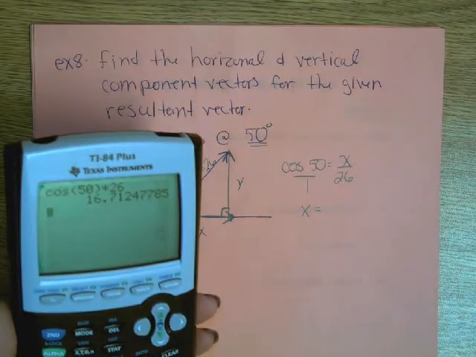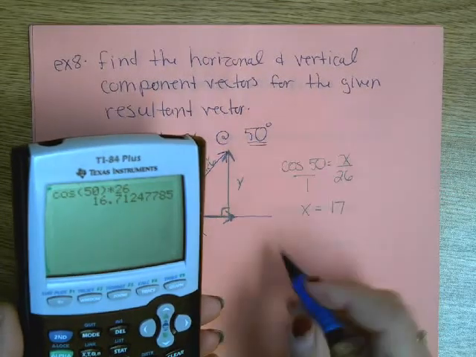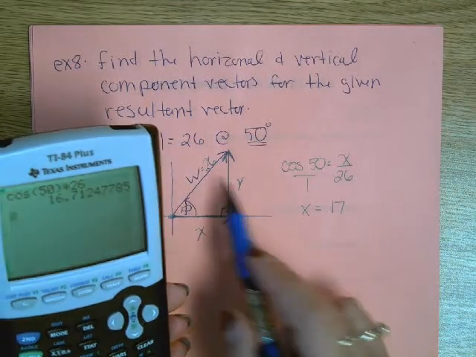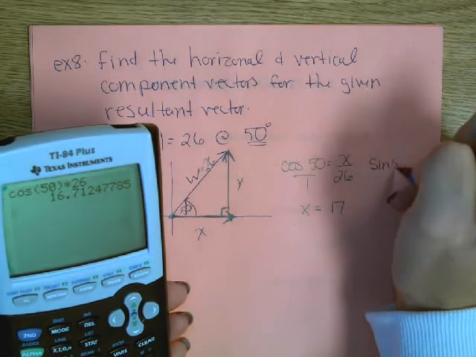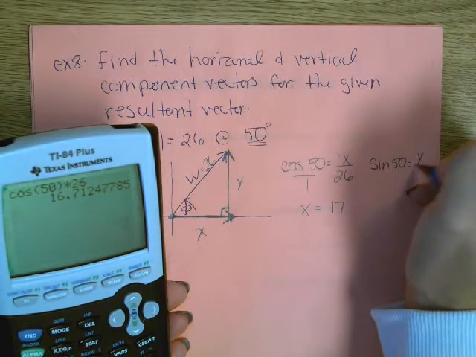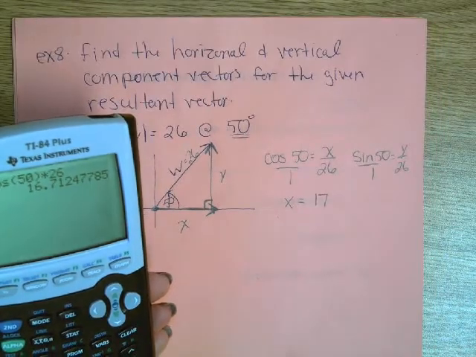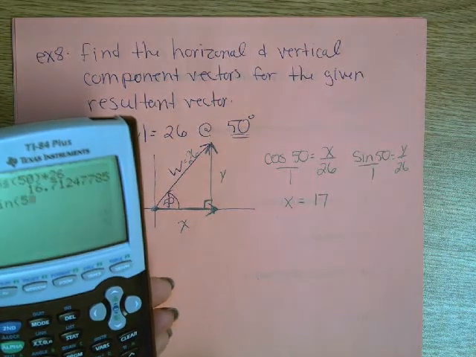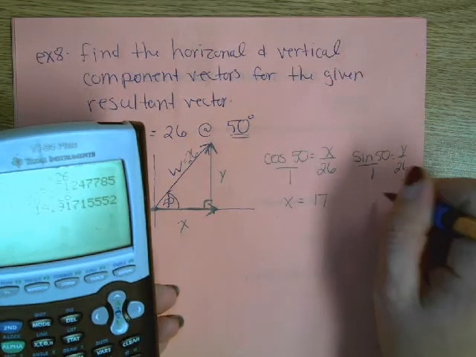I'm getting about 17. And then if we go for the y, that'll be opposite over hypotenuse. That'll be a sine. Cross products. Uh, 20.